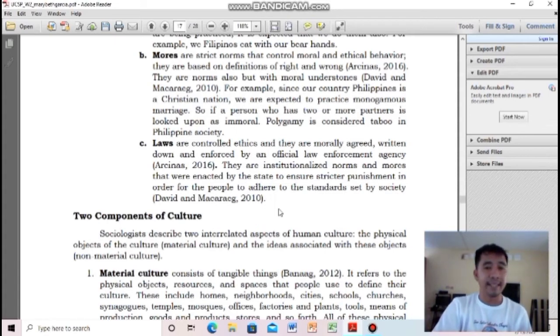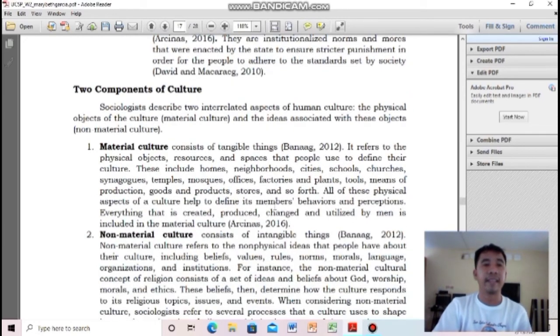Okay. Next, let us proceed to the two components of culture, the material culture and the non-material culture. Mahambal kita nga material culture consists of tangible things. Tangible, matandog nimo, makita nimo.